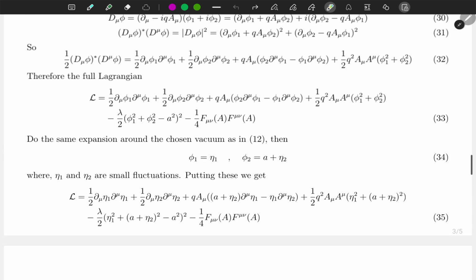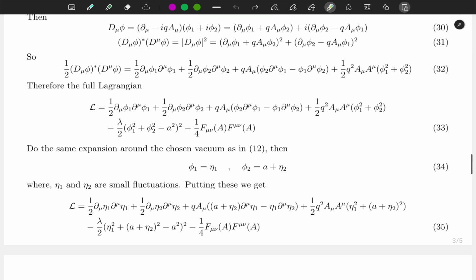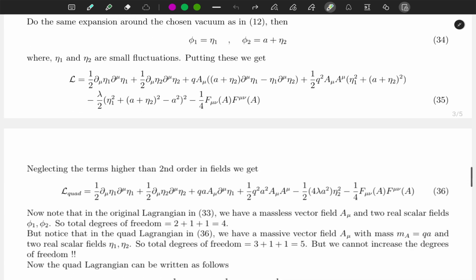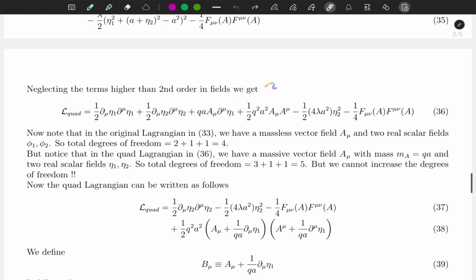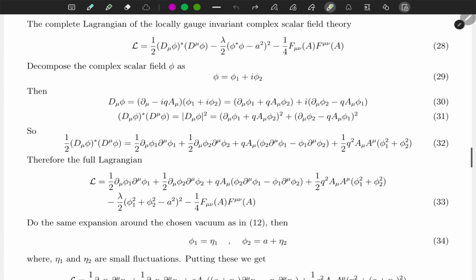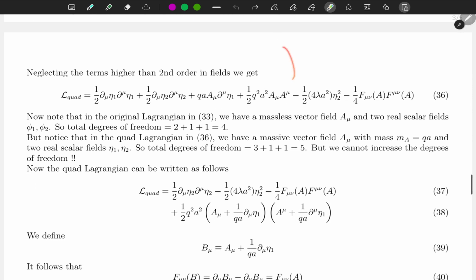So when we do these steps, basically we chose one vacuum and expand. Basically what we ended up with is a massive vector field, but we started with a massless vector field here. But when we do this process, we end up with a massive vector field.